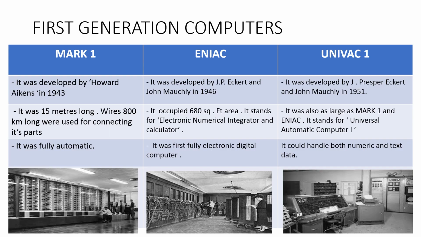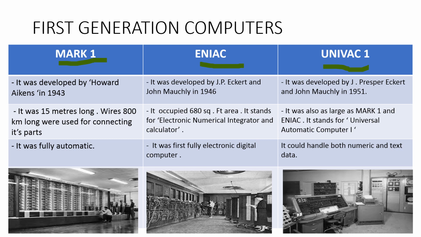Now moving on, you need to study these three examples of the first generation computers: Mark 1, ENIAC and UNIVAC 1. I have made this table so you can easily understand what the things are in Mark 1, ENIAC and UNIVAC 1.